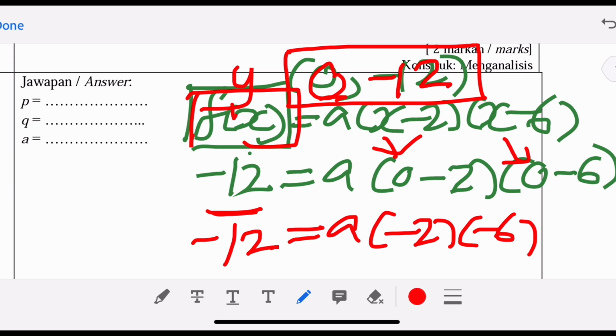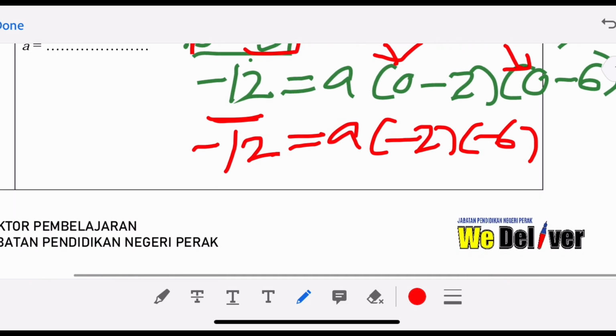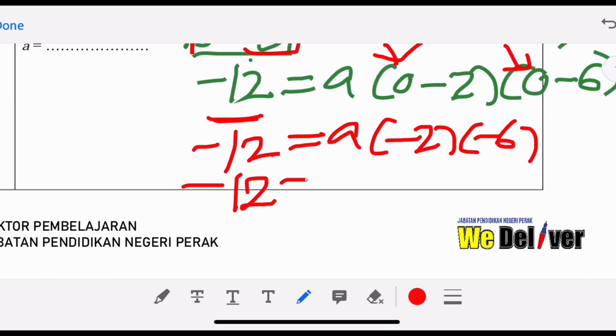If you substitute carefully, you will realize that the value of a should be negative, we expect a to be negative.